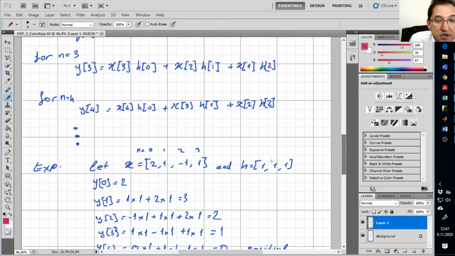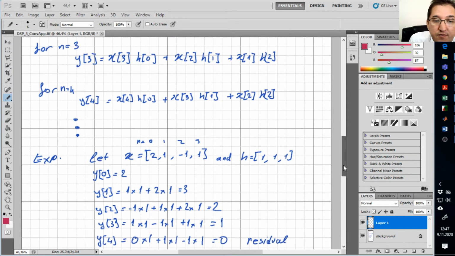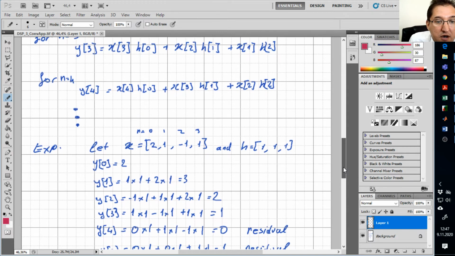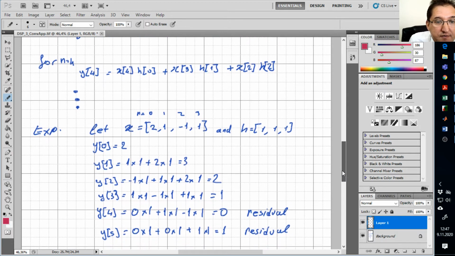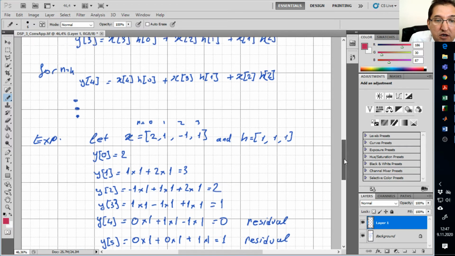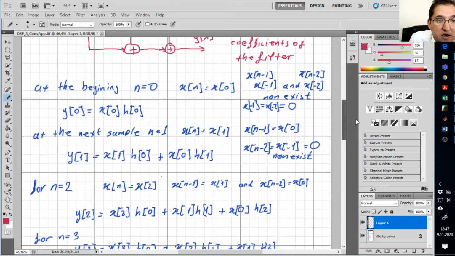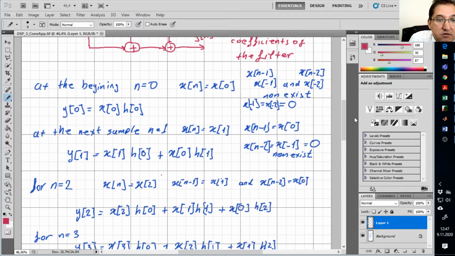For example, if we have an input like this, 2, 1, minus 1, 1, and the h's are 1, 1, 1, let's see what the outputs of the filter are. y0 is 2 times 1, as you can see, x0 times h0 here.